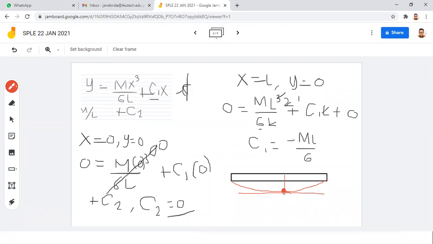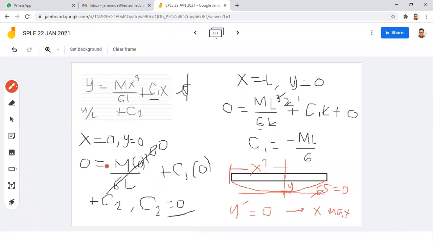This should be the location of the maximum deflection, where the slope is equal to 0. In other words, that line is just horizontal. So when y prime is equal to 0, we can get the value of x at maximum deflection. This is the x that we are looking for.